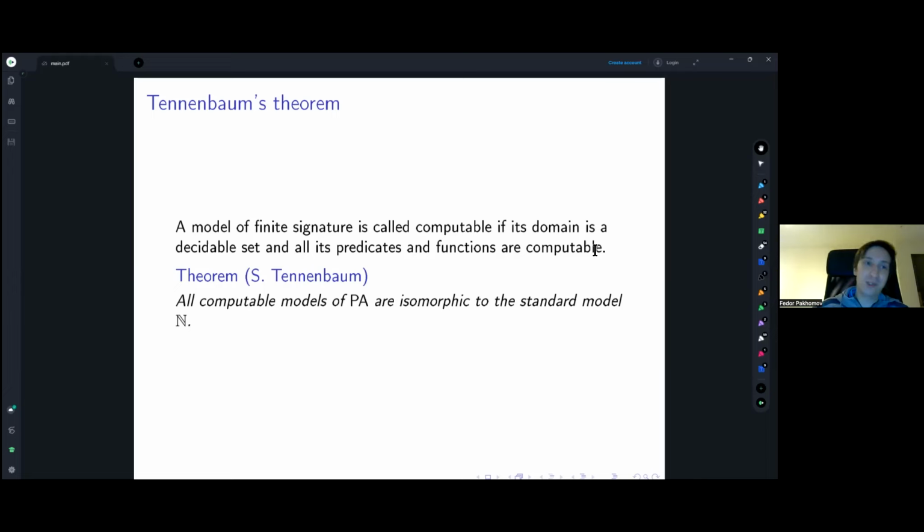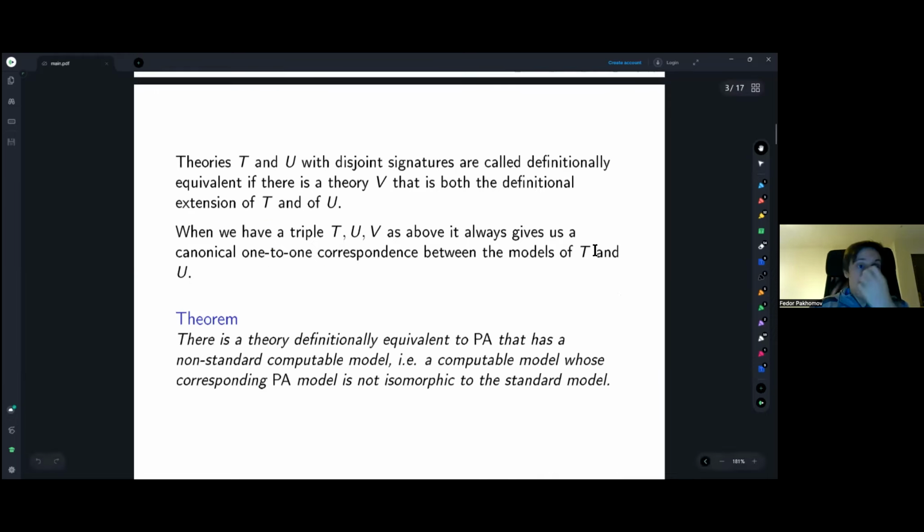In other words, if you have a predicate, its interpretation should be a decidable set, and the interpretation of any function should be a computable function. Of course, this definition is appropriate for models in a finite signature. In general, it's probably not the best definition, but it won't matter today, since I will only work with theories with finite signature.